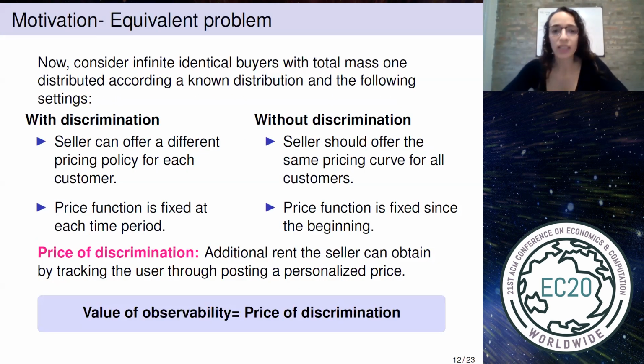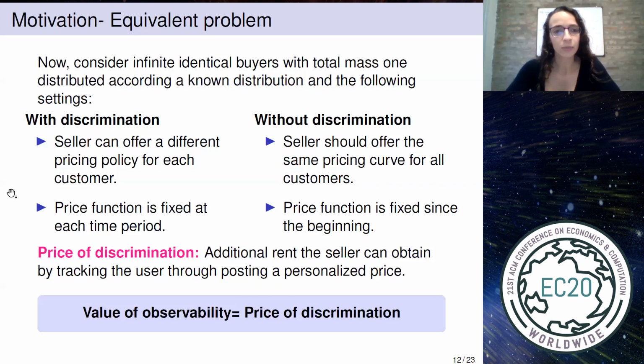So another motivation that is interesting to say is, okay, so now again, suppose that we are in a monopoly market, with one item to sell, but now we have unlimited inventory and a continuum of buyers. So the continuum of buyers with total mass 1 is distributed according to some distribution, and we now consider two different problems.